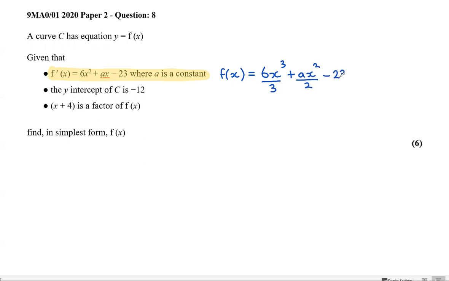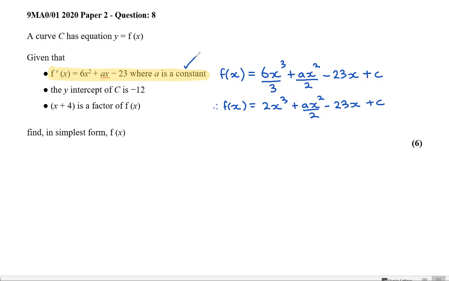Subtract 23x, and then plus a constant. Okay, so you can see we've now got 2 constants that we don't know. So therefore, we have f of x is going to equal 2x cubed plus ax squared over 2, subtract 23x plus c. So we've used that first bullet point.